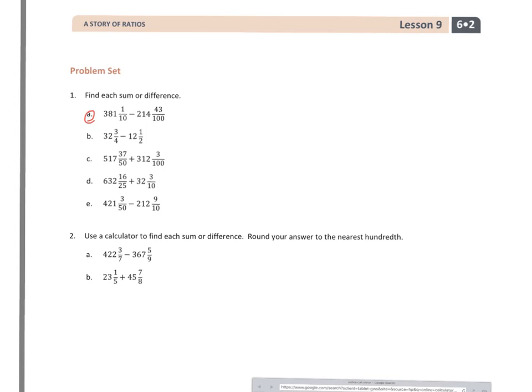I know that when I say 1/10, it either means 1/10 as a fraction or as a decimal. So I can easily change that one into a decimal, and I see 214 and 43 hundredths for the second one.